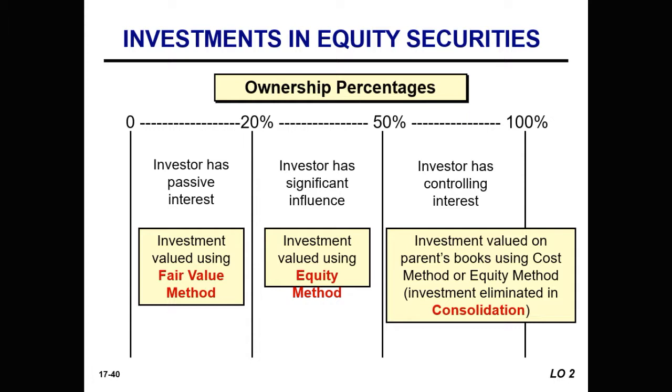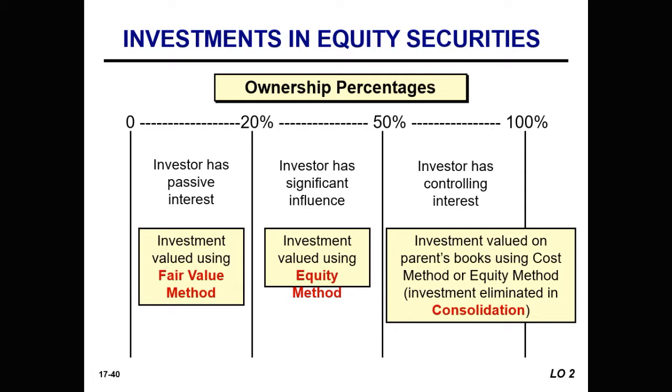Now, if the holdings are between 20% and 50%, we use what's called the equity method, which we'll talk about here later. The investor is deemed to have significant influence over the other corporation.